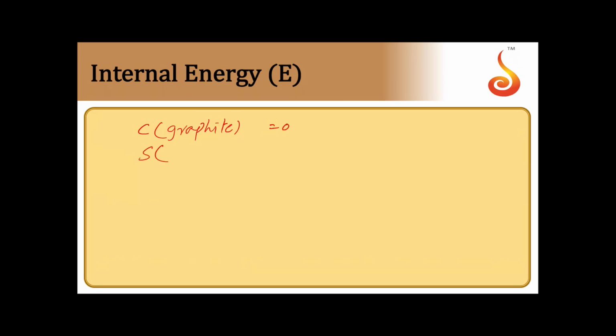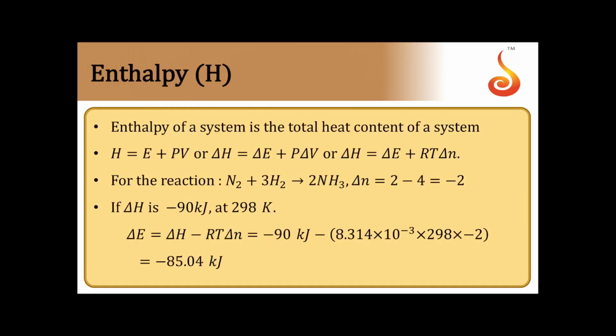Sulfur in rhombic state, energy is taken as 0. Bromine in liquid state, its energy is taken as 0. Like that, the internal energy is taken as 0 for the elements in their standard states. Then comes the meaning of enthalpy.